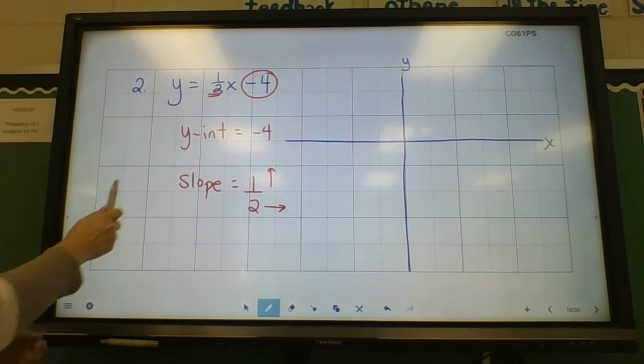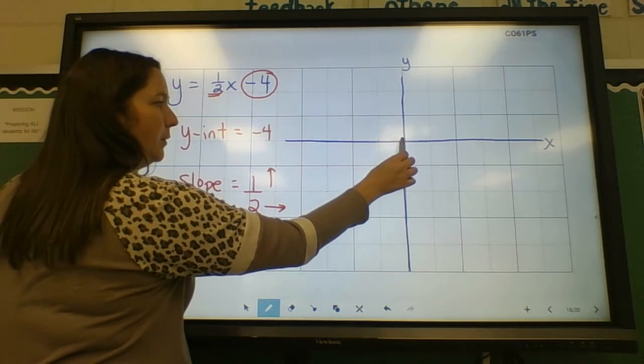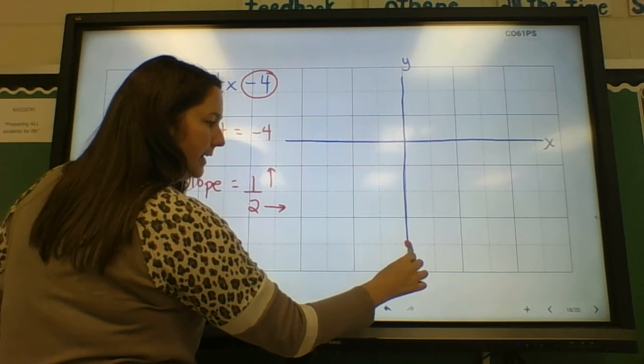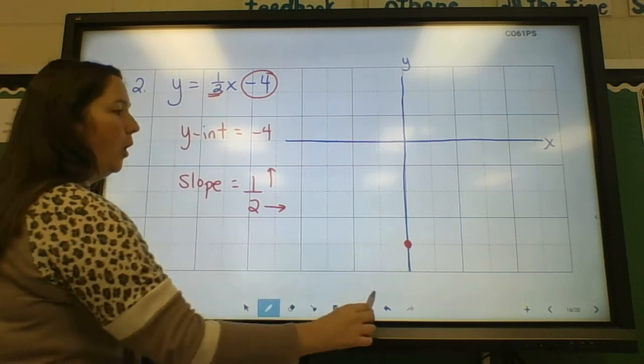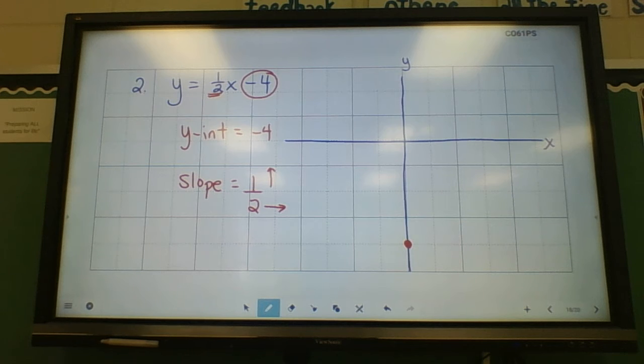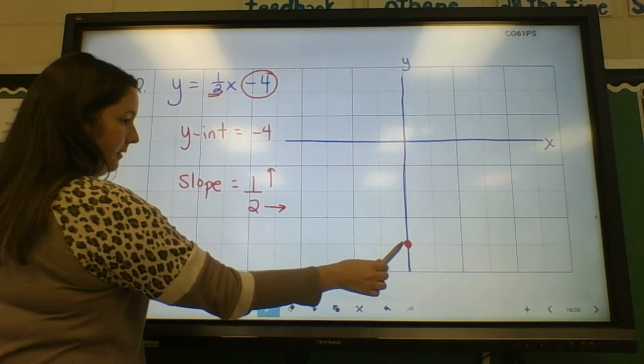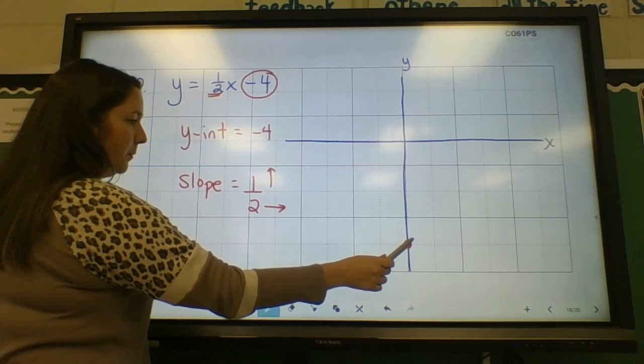So we will start the y-intercept at -4. 1, 2, 3, 4, -4, so I had to go down 4 on the y-axis because it's -4. Now my slope is rise 1, run 2. Do we start from the origin or from the y-intercept? From the y-intercept.